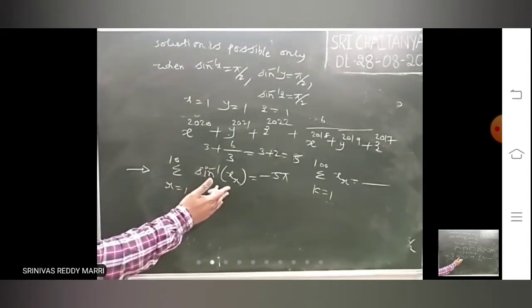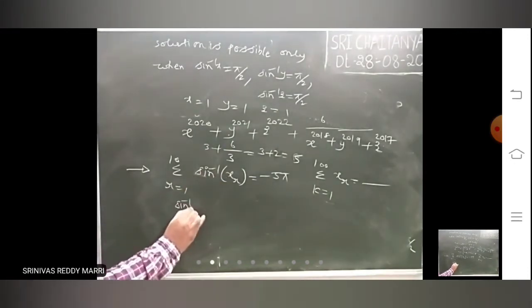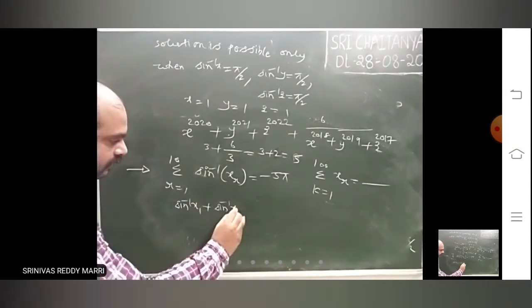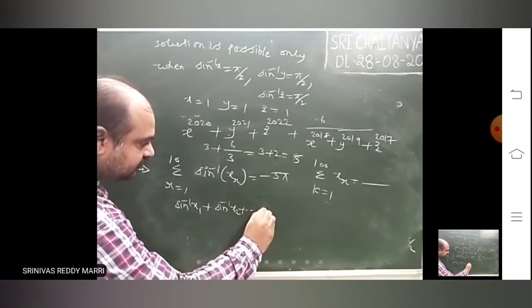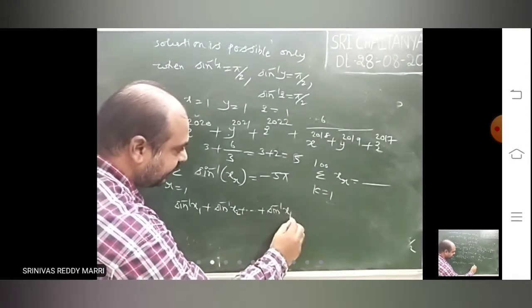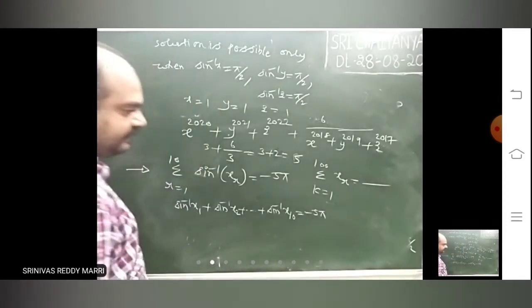Look here. Sigma means what? Sine inverse x1, sine inverse x2 and so on, sine inverse x10. He has given this as minus 5 pi.